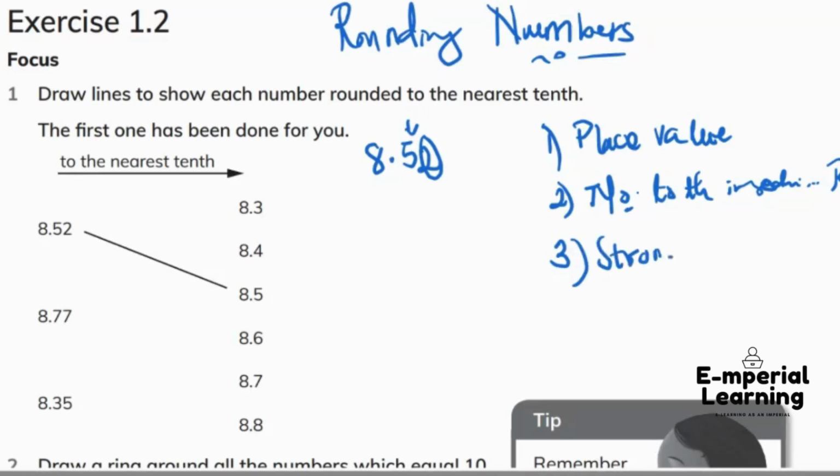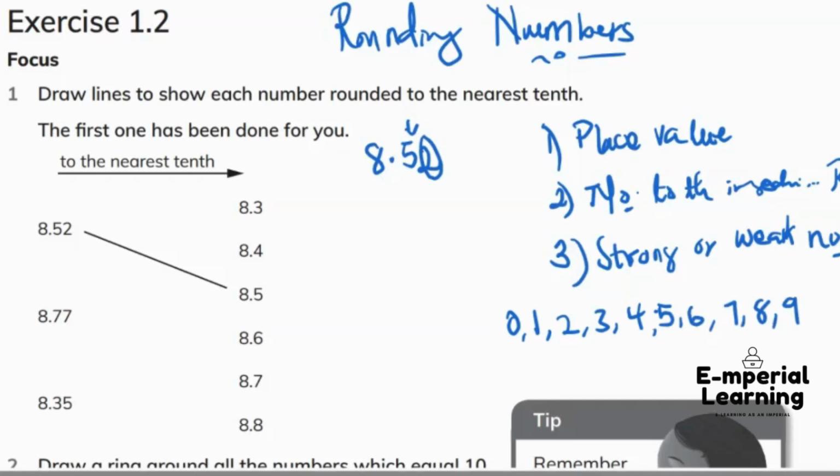So let's write the digits: 0, 1, 2, 3, 4, 5, 6, 7, 8, and 9.